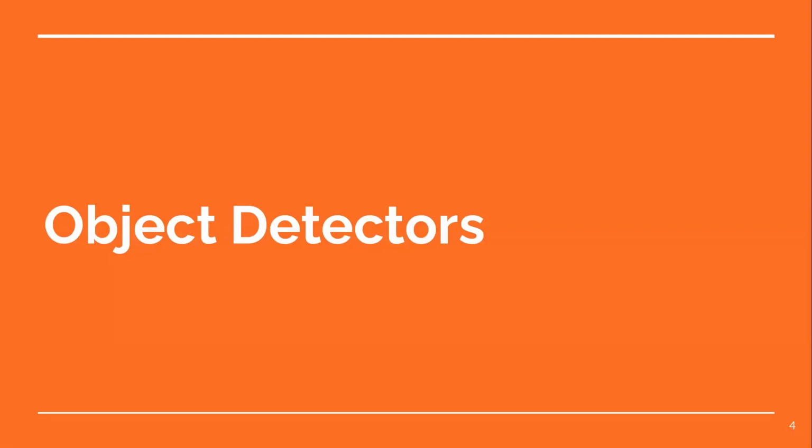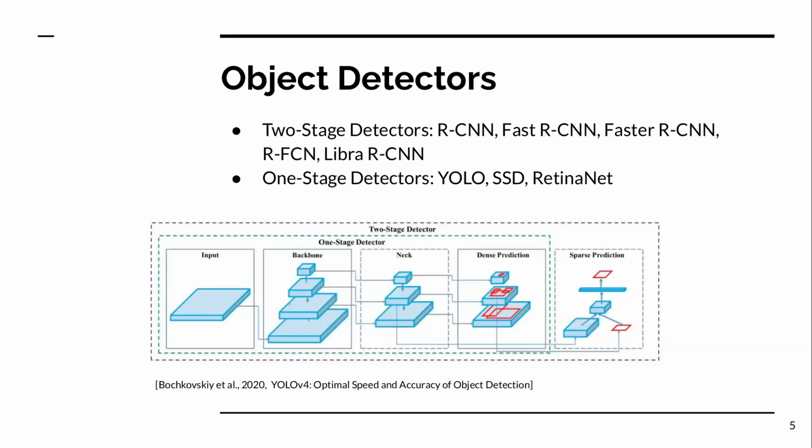So first of all, about object detectors. Very broadly speaking, there are two big groups of object detectors that we found while researching for our class: the two-stage detectors and the one-stage detectors. As you can see in the picture, both of them share the same kernel, and the two-stage detectors have an extension.